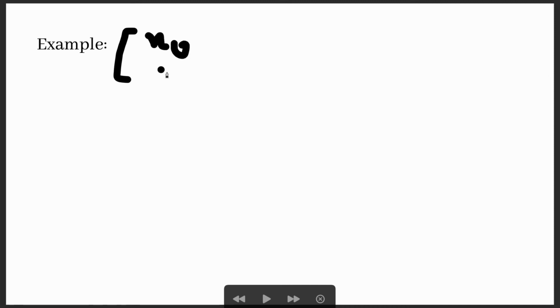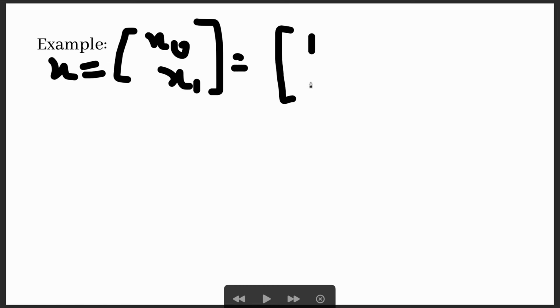So let's move on and take an example here. Let's say we have x0 and x1, and x equals this vector. We always take x0 equals 1, and let's say we use a variable q, that's the probability of cancer.